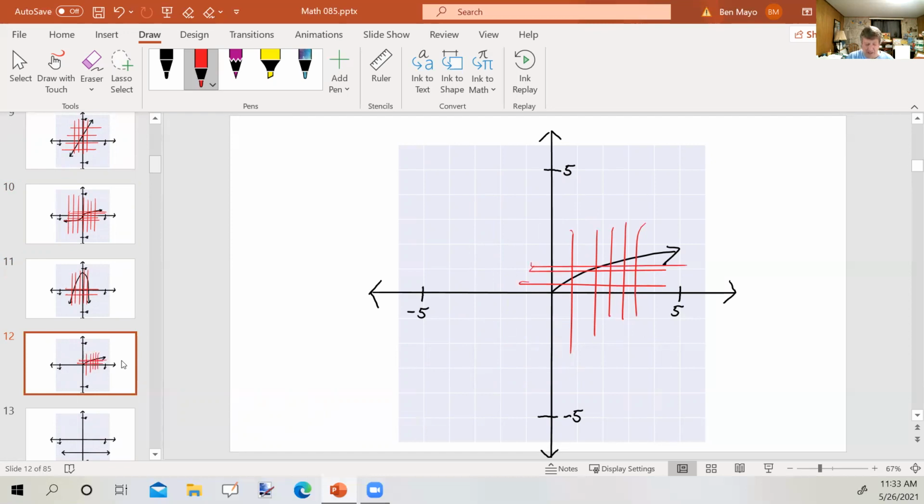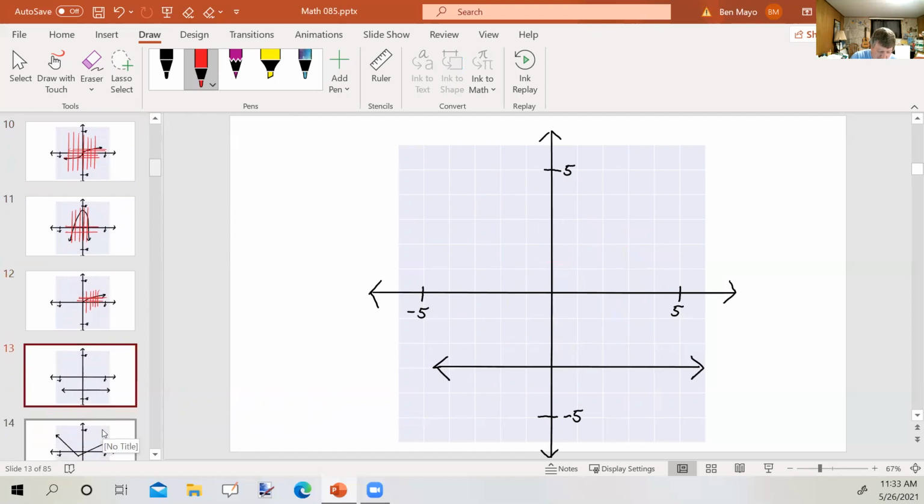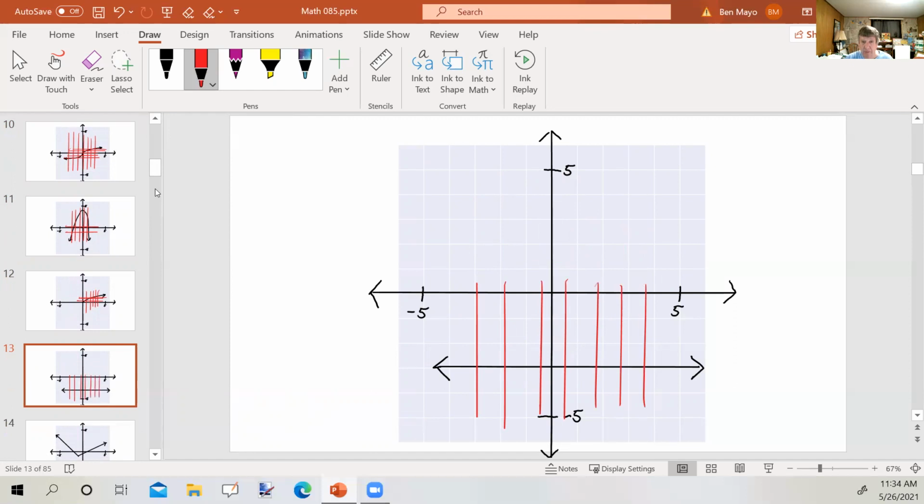So this is a one-to-one function. This horizontal line is a function. We say it's a constant function, but it's not one-to-one because it fails the horizontal line test miserably.